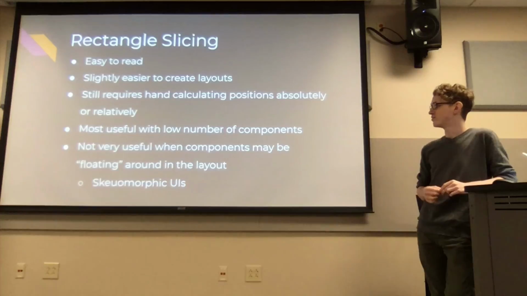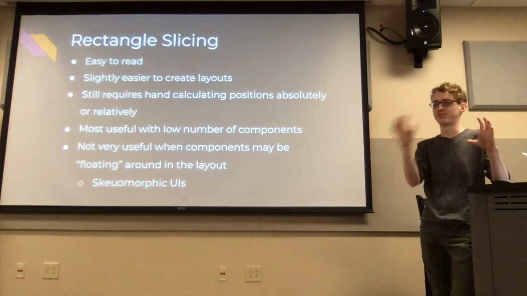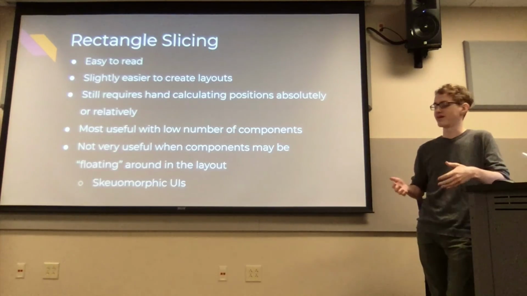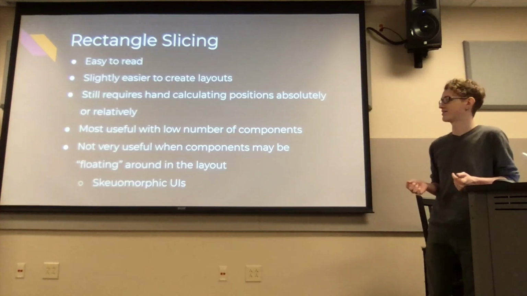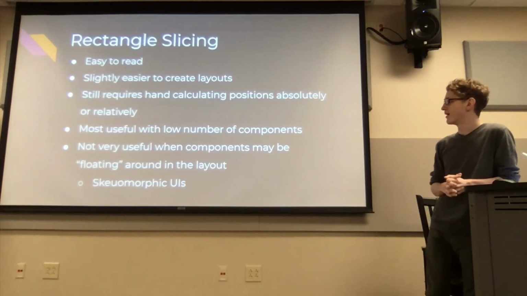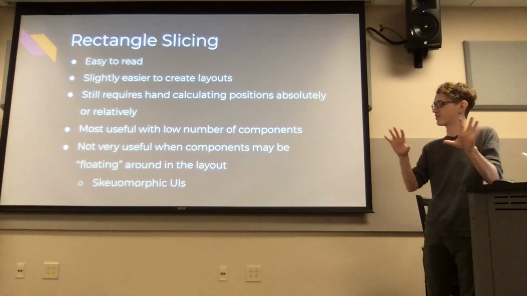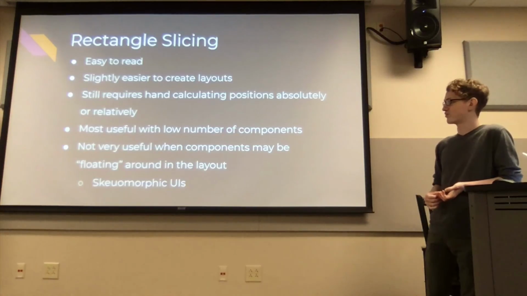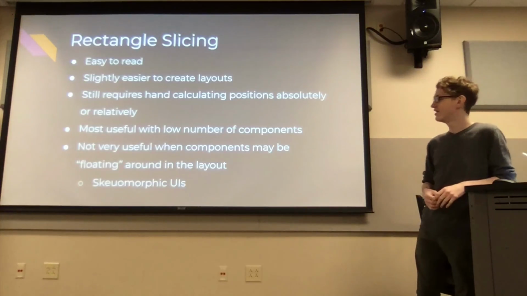But if you split it up into sections where we have a header component, and the header has a bunch of buttons and some other stuff in it, that's easy, because then you just set the header, say, hey, the header's going to have 100 off the top, and in the header resize, you can just say, okay, no matter what we get, here's what our layout's going to be like. It's not very useful if components are kind of floating around or not easily in line with things, but I don't think that's ever really that easy to work in anyway, unless you just go in and hand position it.